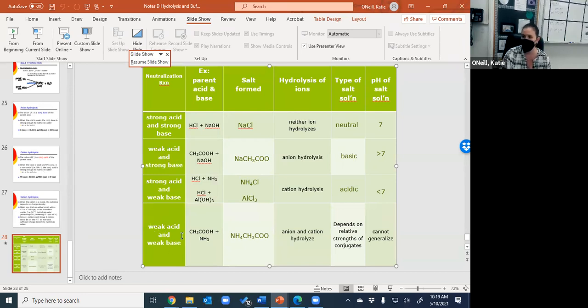And then weak versus weak, we didn't talk about because you can't really generalize it. It depends on which one has the stronger conjugate. So whichever is the weaker is actually going to determine what it ends up as. You would have to compare, here's another key term I've mentioned once or twice, the relative strength. So compare the conjugate acid and conjugate base, compare their strength and whichever is stronger will win.